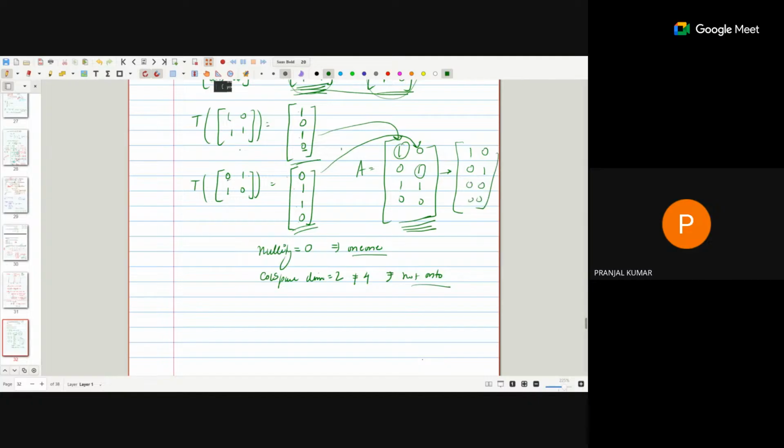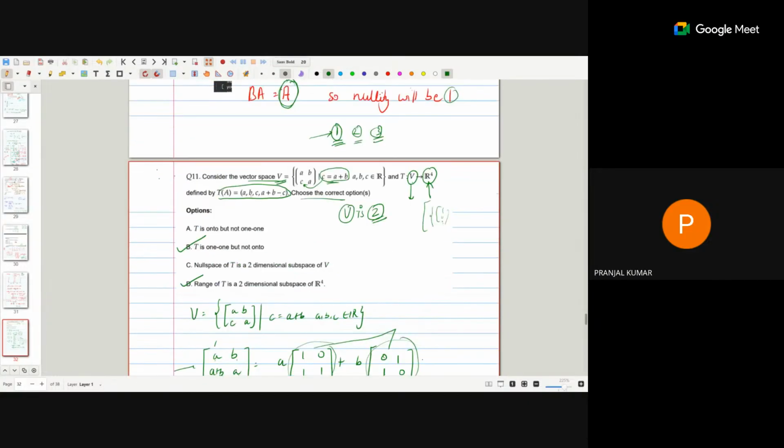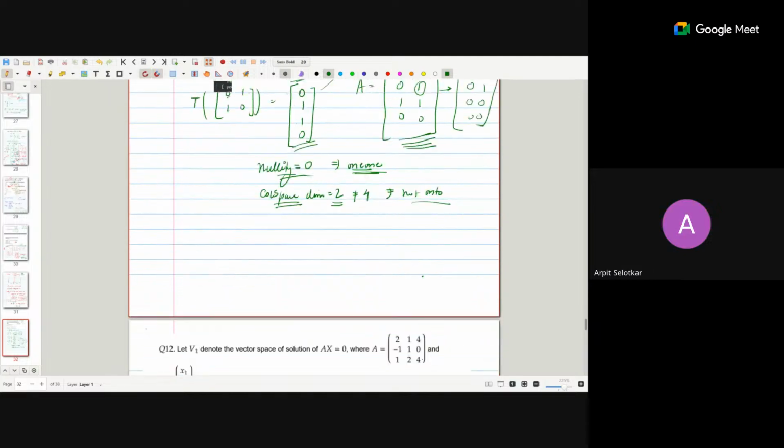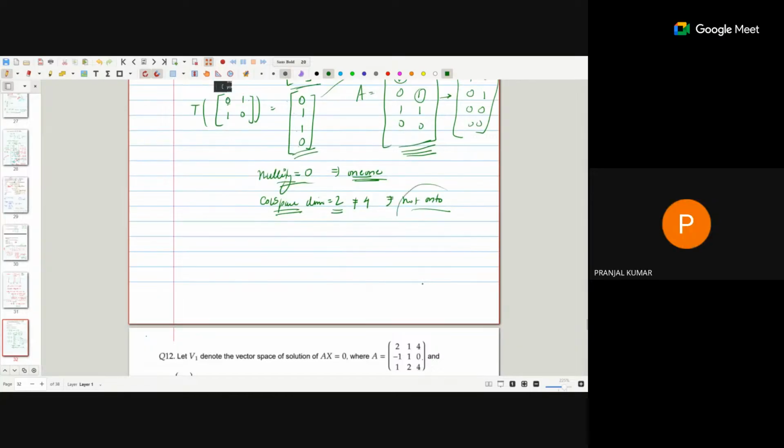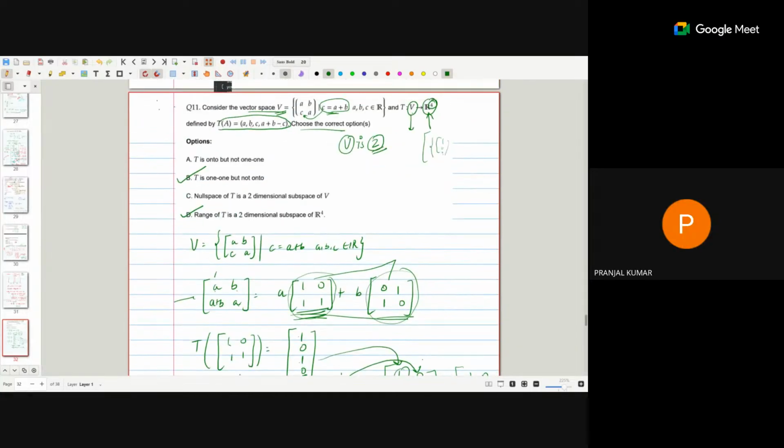So you will see that nullity is 0. This implies that it is 1-1. Then the column space, sorry, rank is 2, which is not equal to the dimension of the codomain, 4. Yes or no? So is it onto? It is not onto. So it is 1-1 but not onto.